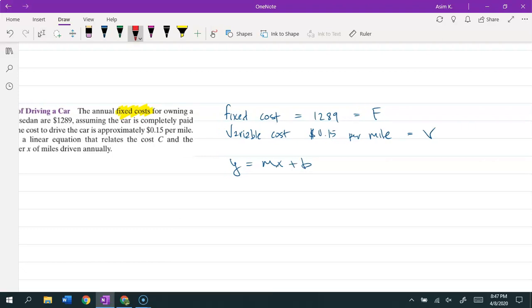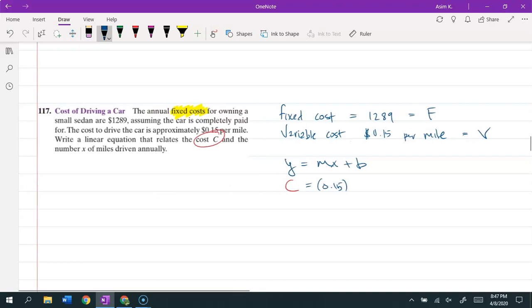So they tell us that the cost C, which is basically the total cost, is equal to the variable cost, V, so 0.15, right? So that represents the slope here. And then the number of miles driven is x, as they are telling you.